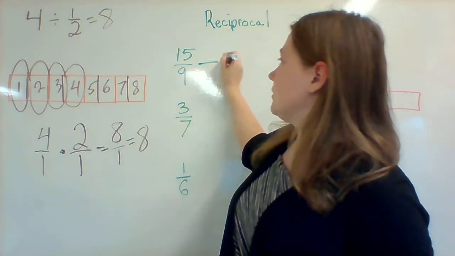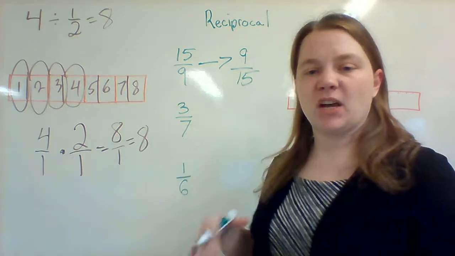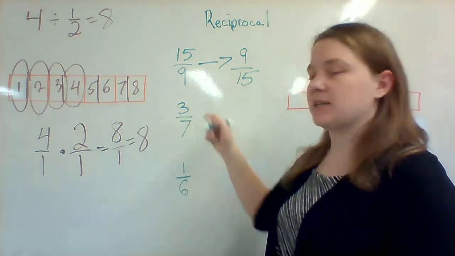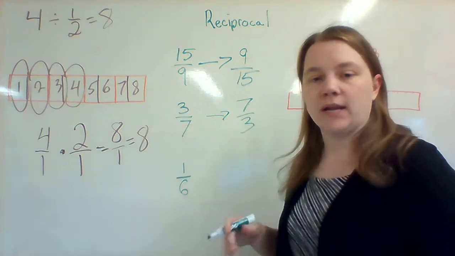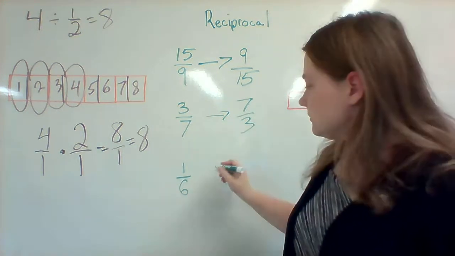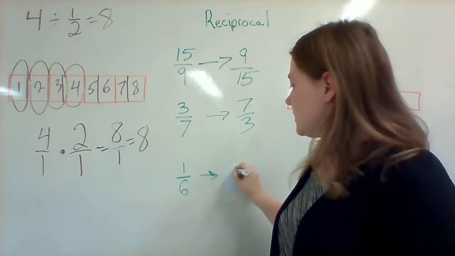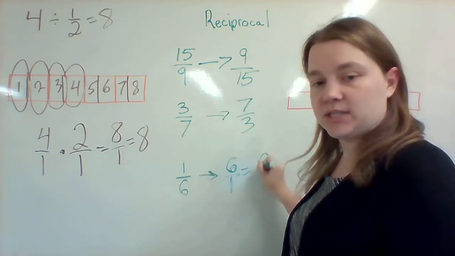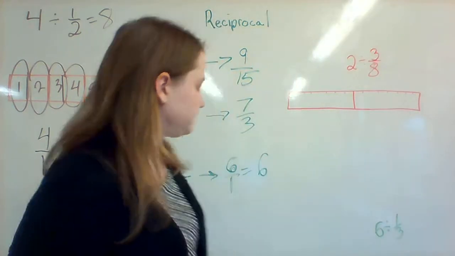The reciprocal of 15 over 9 is 9 over 15. I just flip it upside down. The reciprocal of 3/7 is 7 over 3. The reciprocal, or the flip-flop, of 1 over 6 is 6 over 1, or just 6.